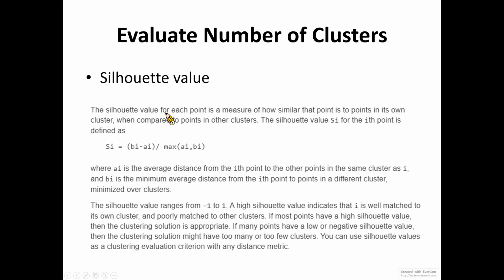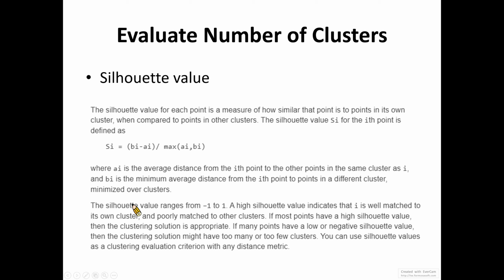I just copied this from Matlab. The silhouette value for each point is a measure of how similar that point is to points in its own cluster, when compared to the points in other clusters. It is defined by the equation here.